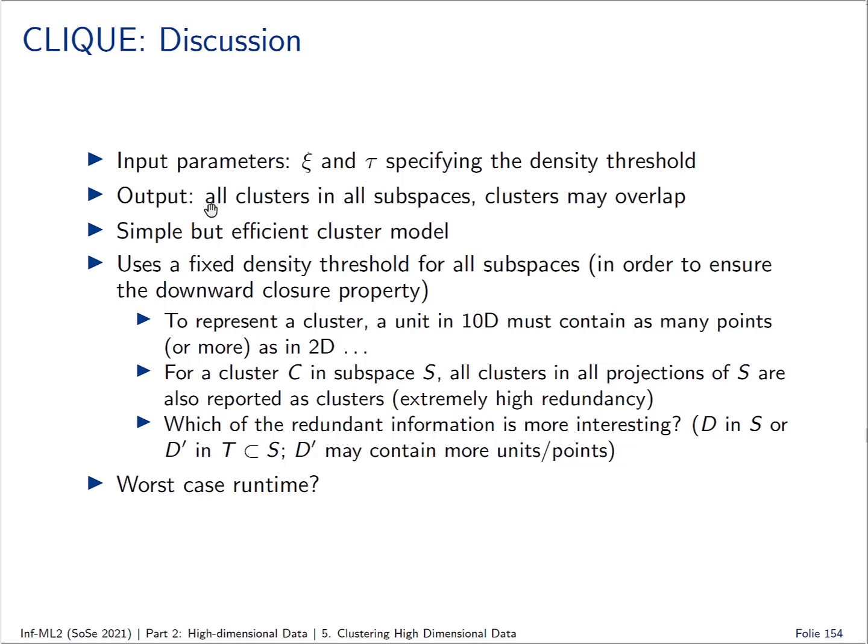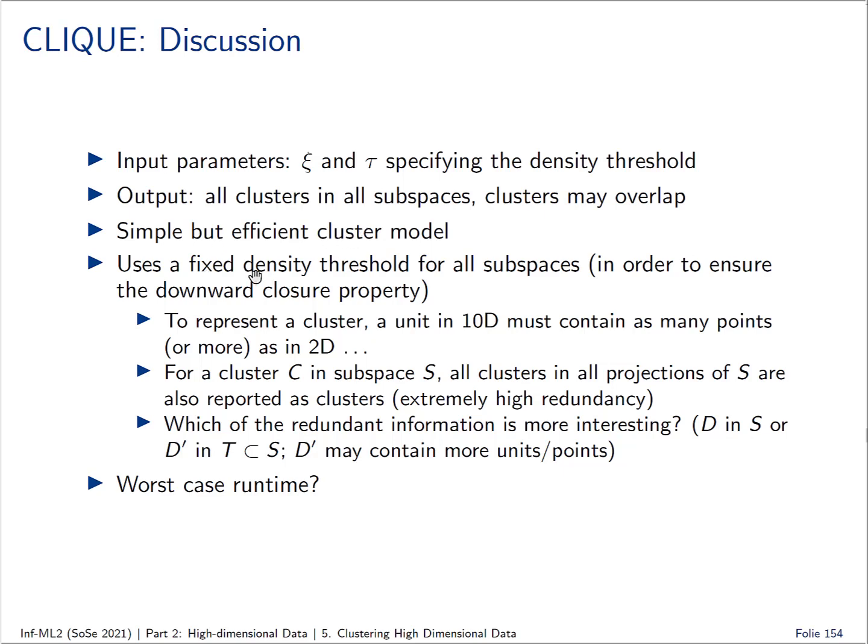And the output is all clusters in all subspaces. So clusters may overlap. There may be points that are in one specific cluster in one specific subspace, and in a completely different cluster in another subspace. The cluster model is quite simple, but rather efficient, at least easy to implement and stuff like that.